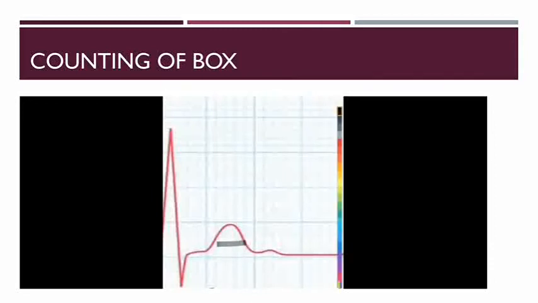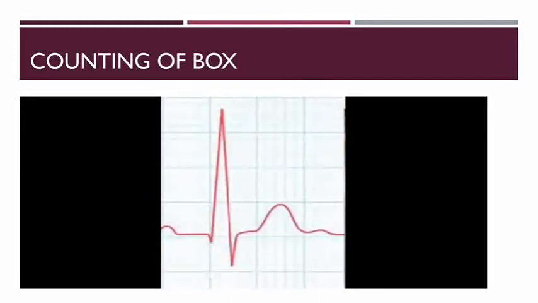So it takes 0.10 to 0.15 second. Then the QT interval, from the beginning of the QRS complex to the end of the T wave. When we count these boxes, it is around 5 to 10 boxes. So it takes 0.20 to 0.40 second.